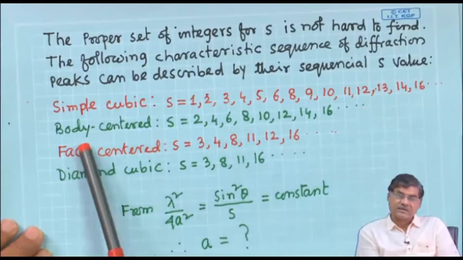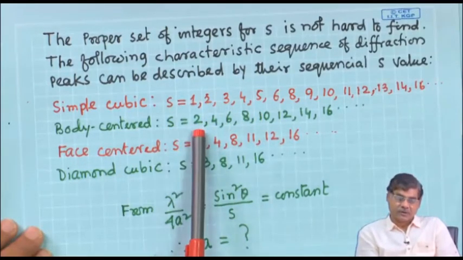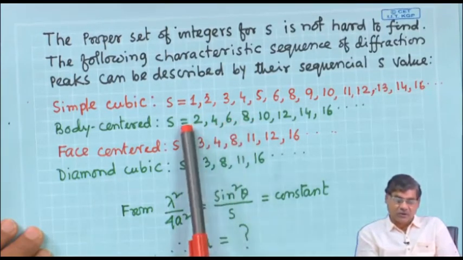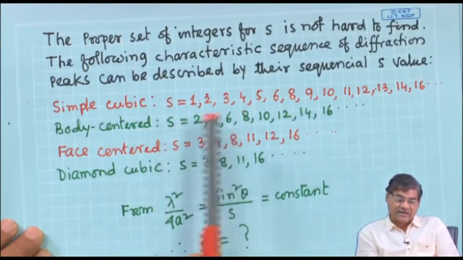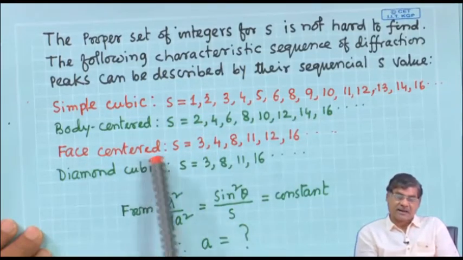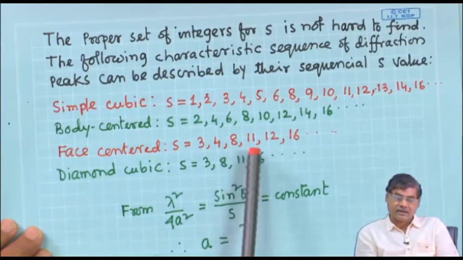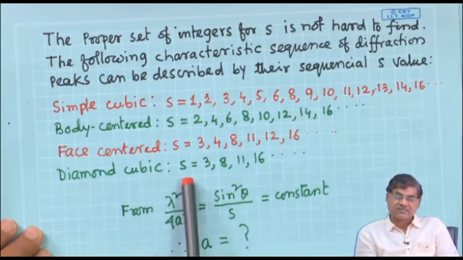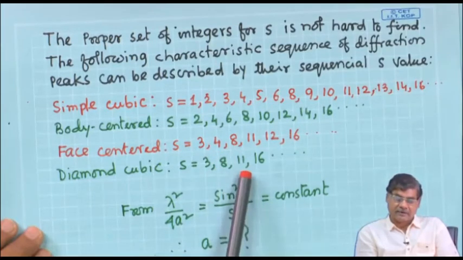Now, in case of body centered, for the first peak S equal to 2, for the second peak S equal to 4, and so on. So, all even numbers; for body centered cubic the S value is an even number. Now, face centered cubic, the S value for the first peak is 3 and then 4, 8, 11 like this. In case of diamond, the S values are 3, 8, 11, 16.